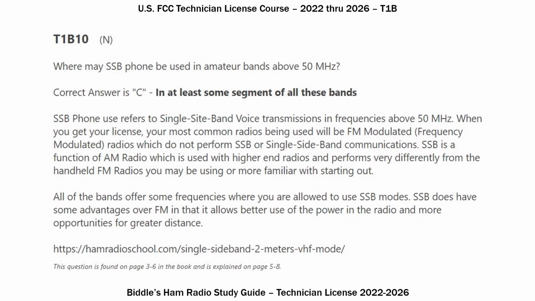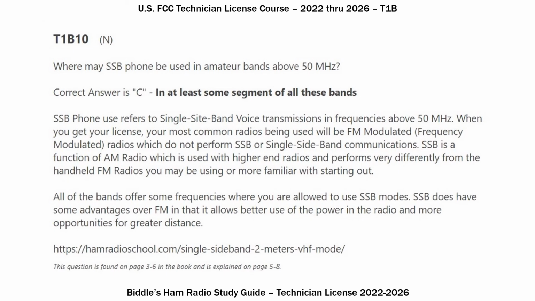SSB does have some advantages over FM in that it allows better use of the power in the radio and more opportunities for greater distance. The greater distances are usually through radio propagation. Something else to keep in mind is your modulation types. Your Baofeng radios, most handhelds, and most VHF, UHF mobile radios are going to use FM modulation.